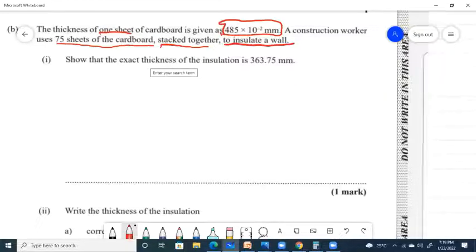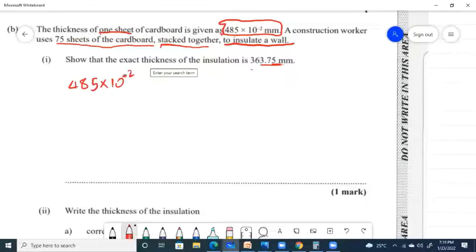Show that the exact thickness of the insulation is 363.75 millimeters. I don't have a problem. So what you want to do, remember, they want to know the thickness is 75. But when you see this, you may be wondering, I wonder what this is.